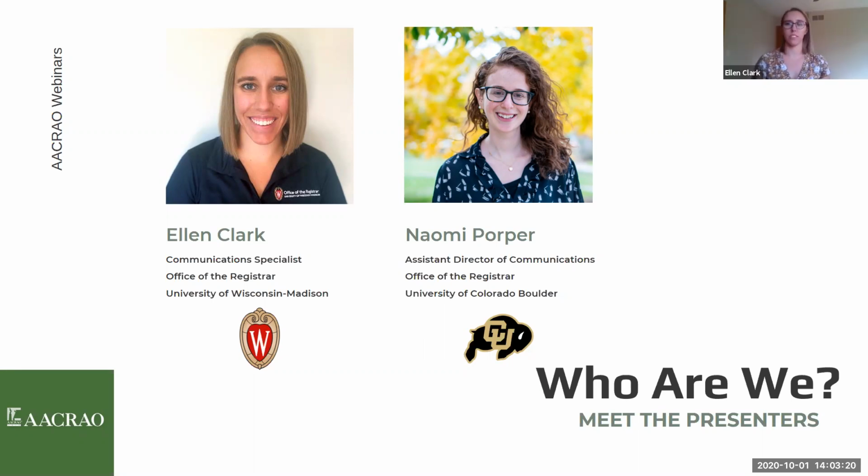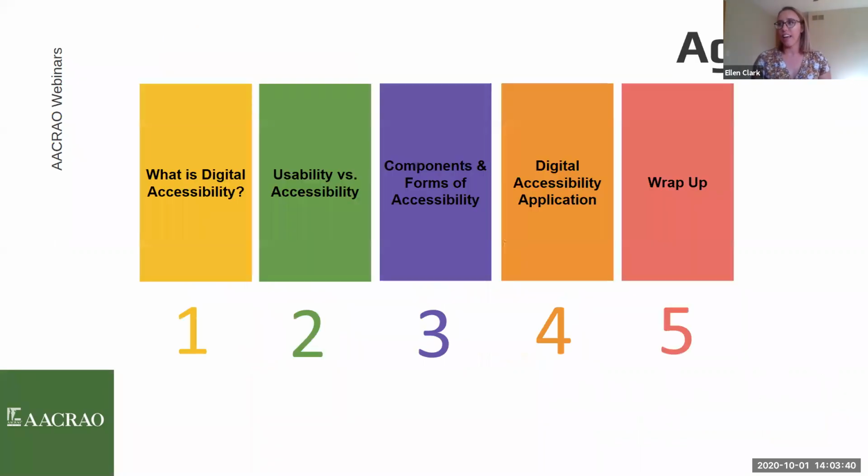Thank you, Mike. To start, I'm just going to provide a brief overview of the agenda that we'll be following today. As Mike mentioned, we're going to be talking about digital accessibility best practices, and we'll guide you through that by first talking about what digital accessibility is. Then we'll dive a little deeper and talk about the difference between usability and accessibility, because those two terms are very frequently used together. We'll talk a little more about the differences.